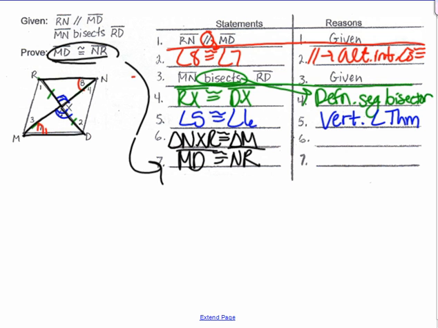So M, then blue, X, and then D. And from the markings, those two are congruent by angle, angle, side, because I have two angles and a non-included side. Next, we're going to prove that another part of those triangles are congruent. So what do you know? The reasoning here is CPCTC, which is fun to say.